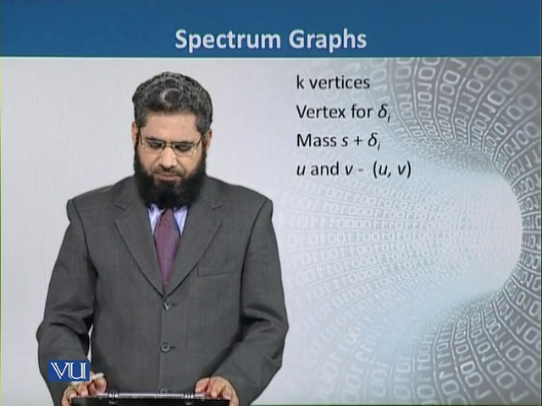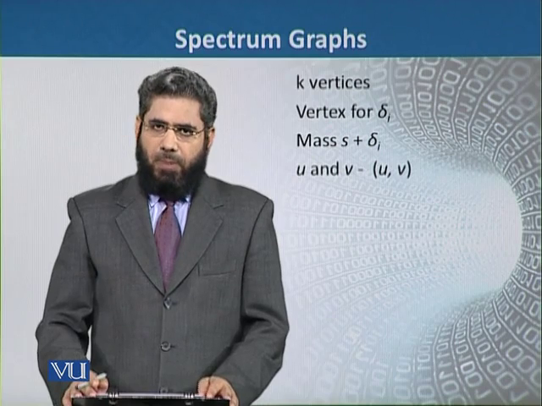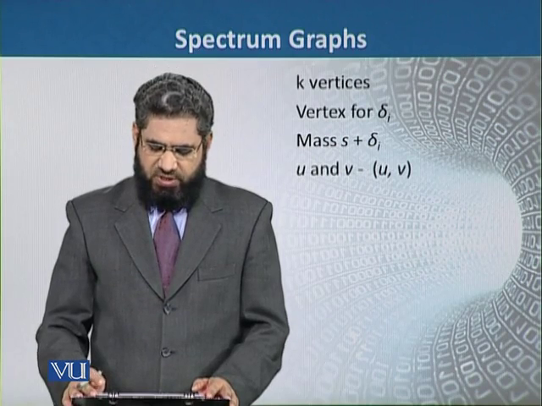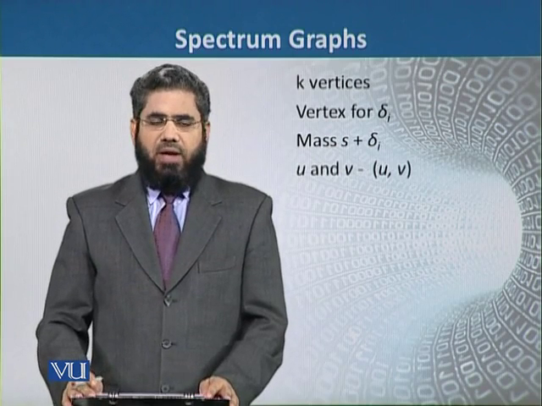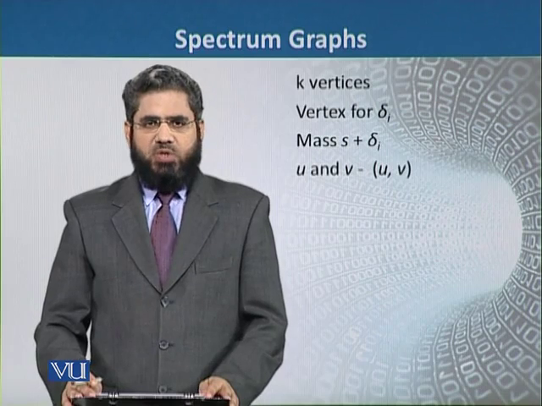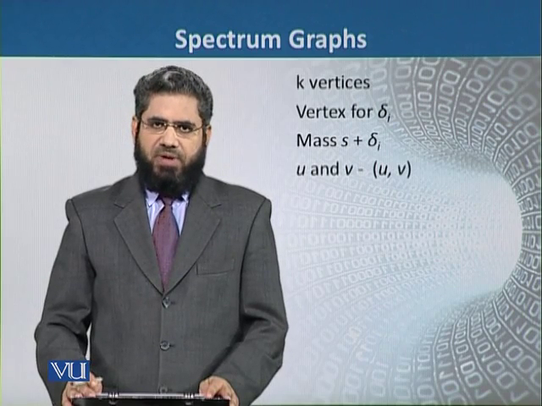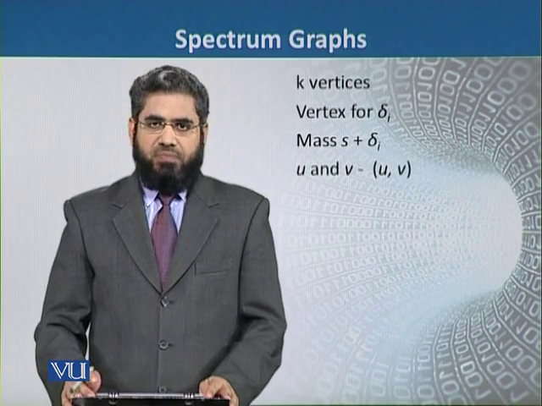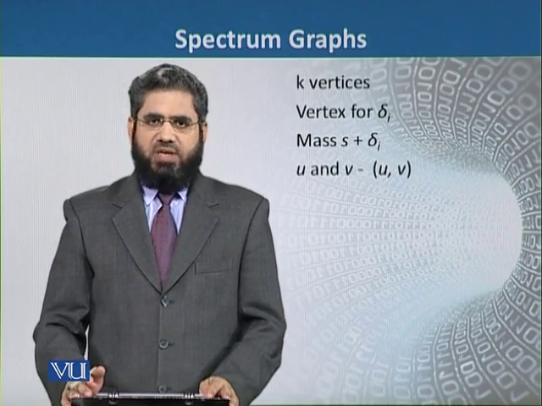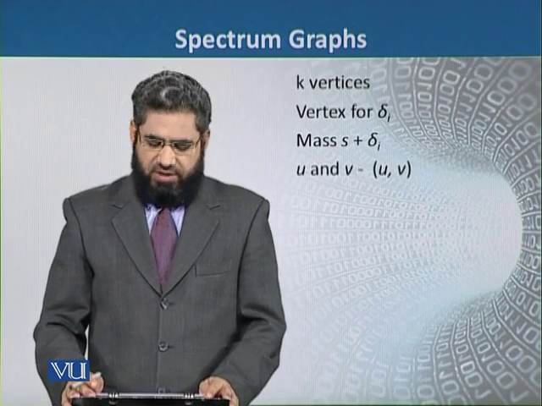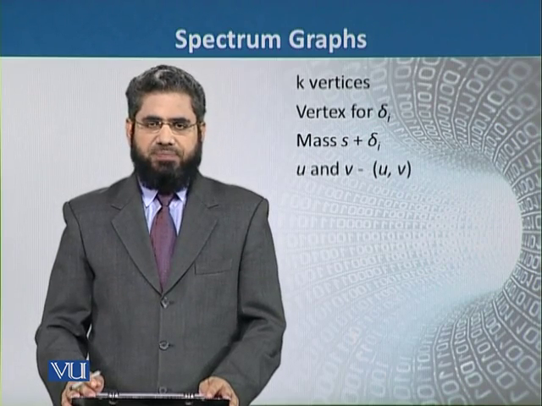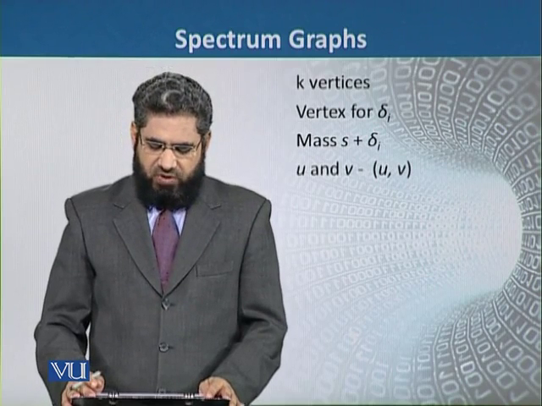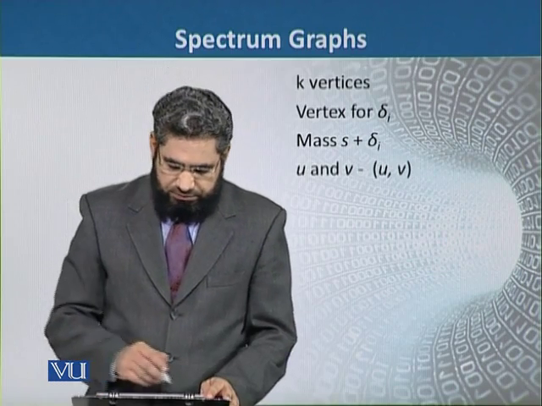If we assign the mass to any of the ions generated, we can write it as S plus delta I. We can also join any two points present in the spectrum, which we call U and V. We join these points as directed edges, and we write it as (U, V) in brackets. The more K vertices, the better the path will be.